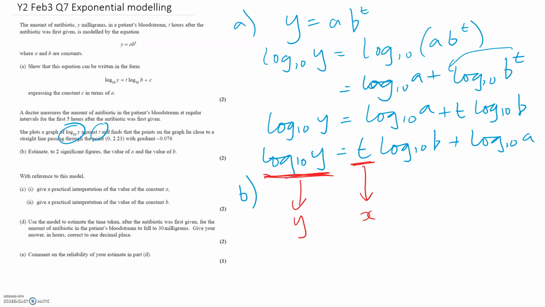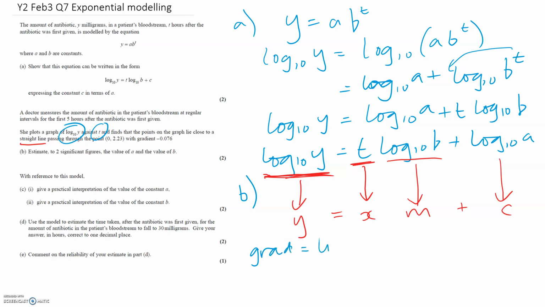Now it's a straight line graph, as it says in the question here. So that would make this the gradient m, and this would be the y-intercept c.